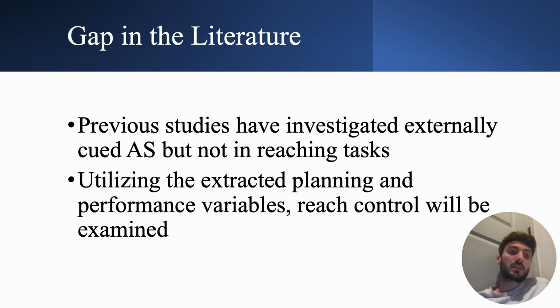When we think about extracted planning or pre-planning periods, when looking at trajectories and movement speed, velocity, acceleration, oftentimes those are considered performance variables, and reach control and our understanding of the smoothing of trajectories and other performance variables are usually extracted from the trajectory data and those kinematic measures.